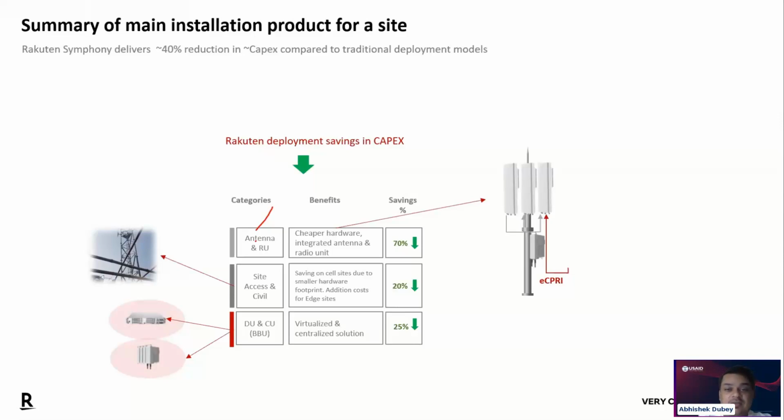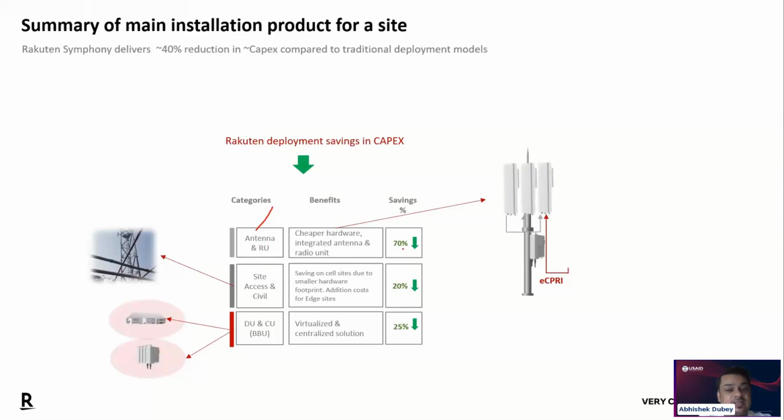But for Rakuten deployment, there is something else, and that main key factor is that we deliver 40% reduction in capex compared to the traditional deployment model. The same equipment which you are installing for the traditional, but with ORAN, especially with Rakuten, we are getting 70% saving in the antenna RU.